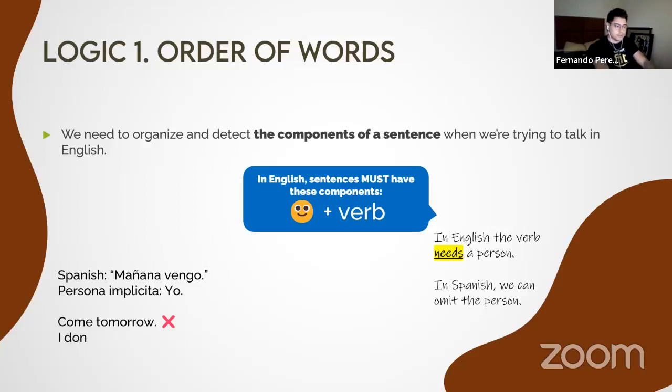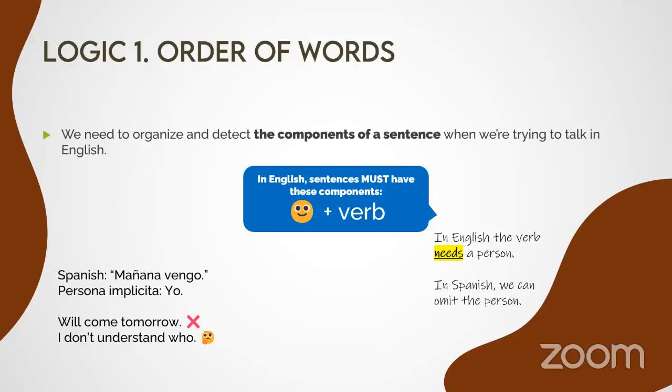I don't understand who. Or for example, will come tomorrow. You see? If you eliminate the person, you are thinking in Spanish. The correct expression in this case is I will come tomorrow.